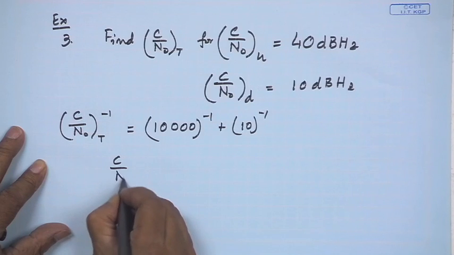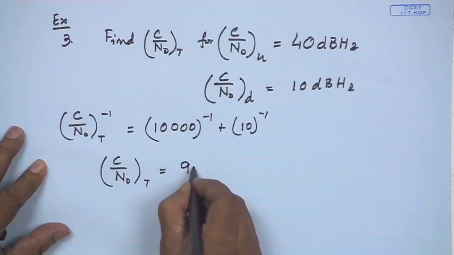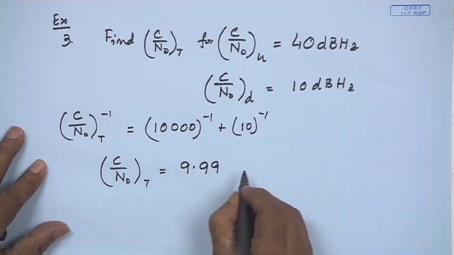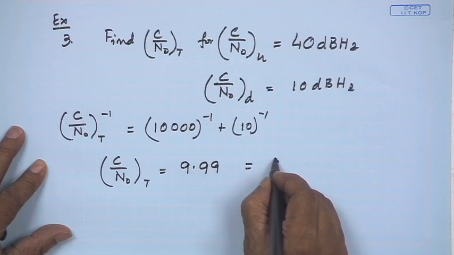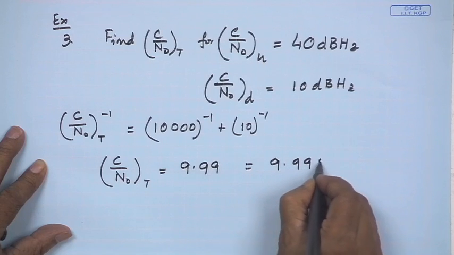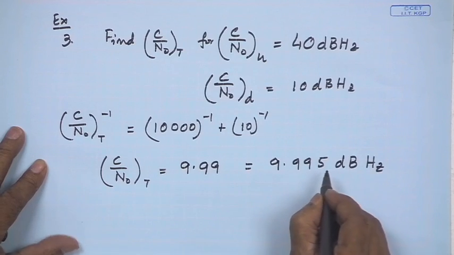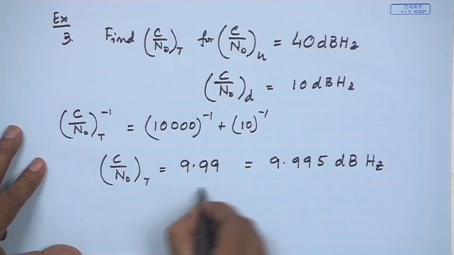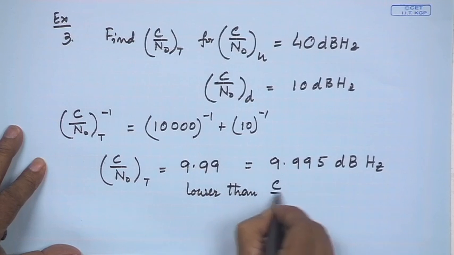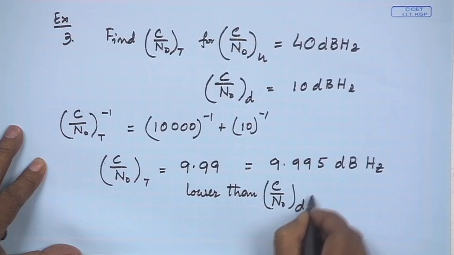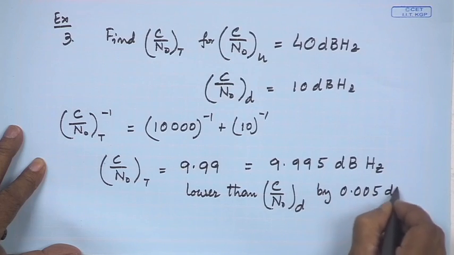So, C by N0 total will become 9.99 approximately, and that means in dB it will be 9.995, let us say, dB hertz. In calculator you will find some more decimal points. So, now that is lower than C by N0 down by 0.005 dB.